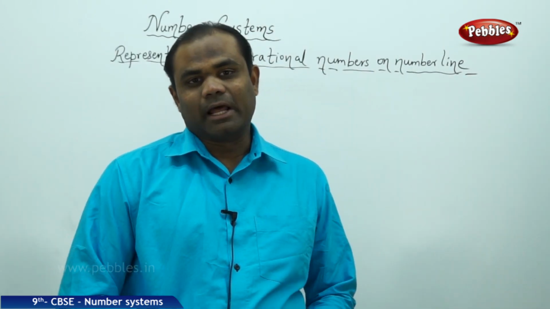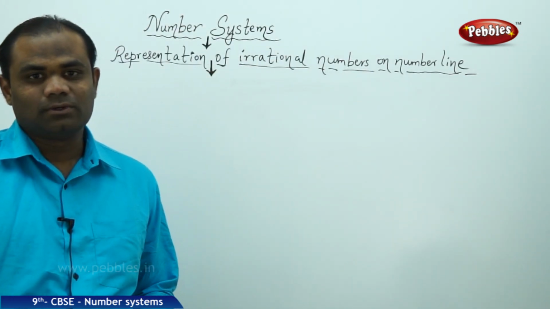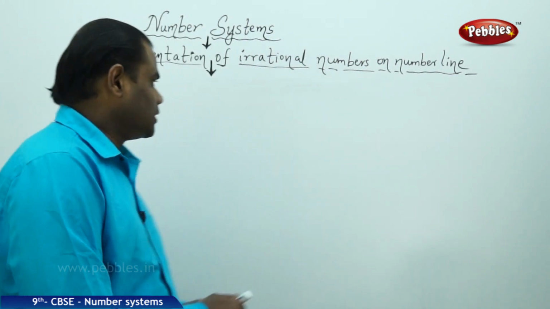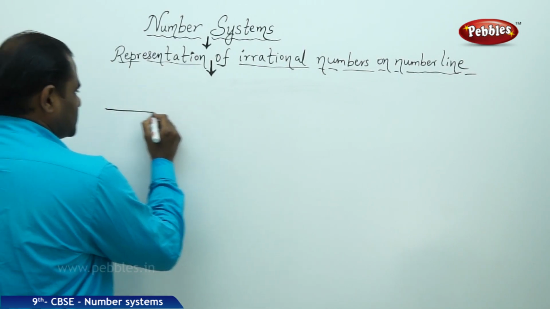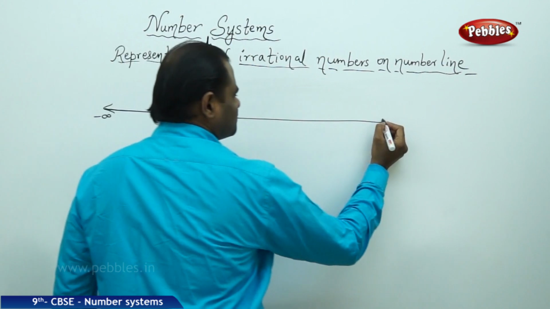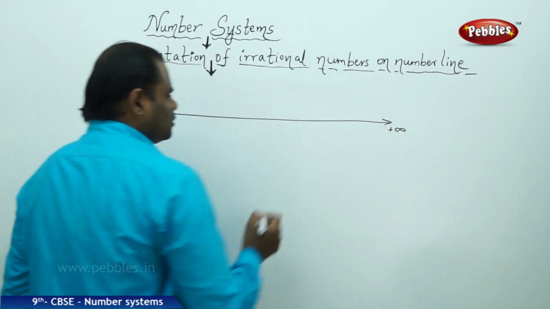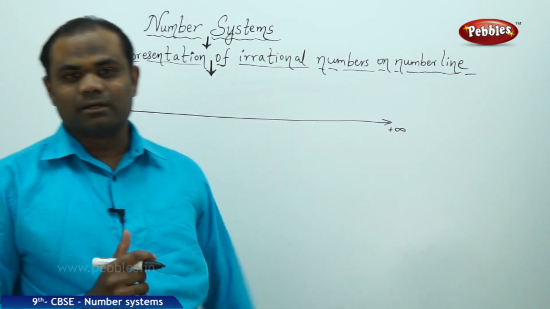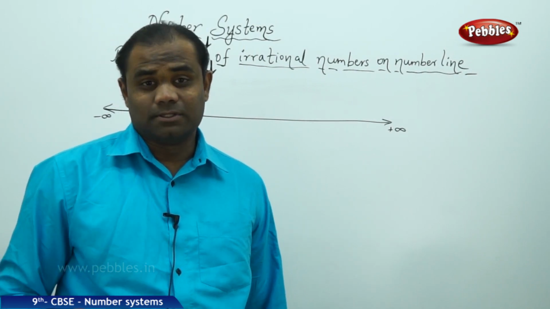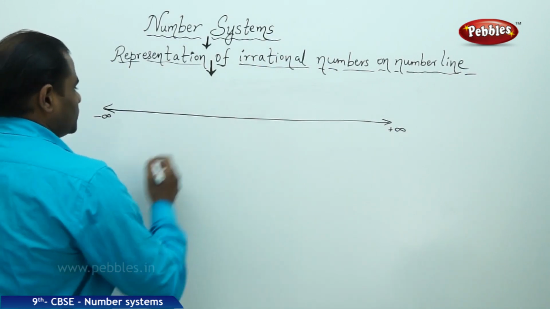Let me take the number line before we construct the representation of root 2 on it. Here is the real number line, which extends from minus infinity to plus infinity, with all the points on this line being the real numbers of the number system.